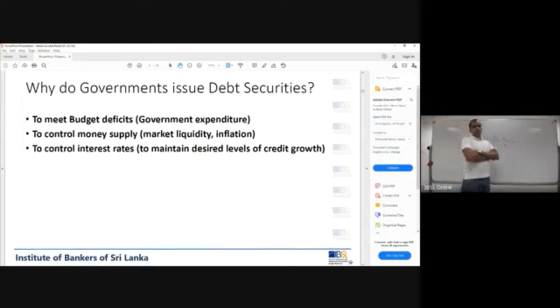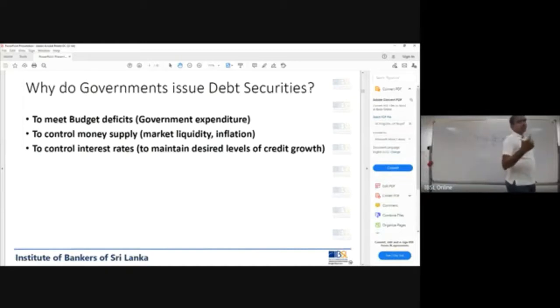Then to control money supply, because if there's too much money circulating in the economy, and if I am the central bank, what I can do is sell some of the treasury bonds to the market. Right? When I sell treasury bonds to the market, the cash that is available in the market will get absorbed by the central bank. Likewise, if the market is short of liquidity, the central bank can buy some of the treasury bills and bonds from the market.